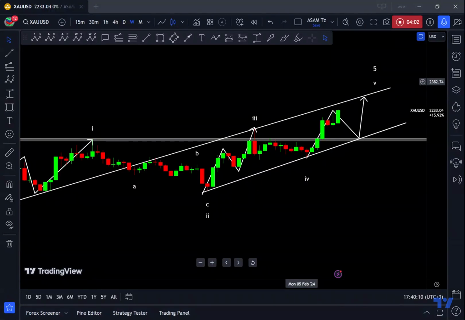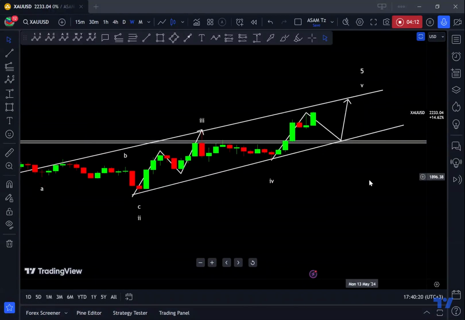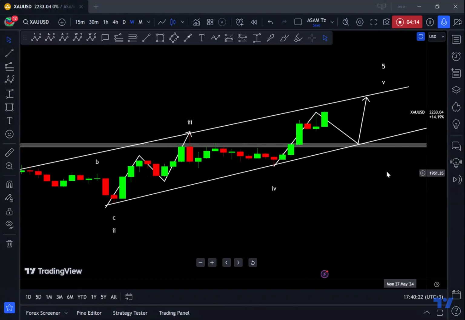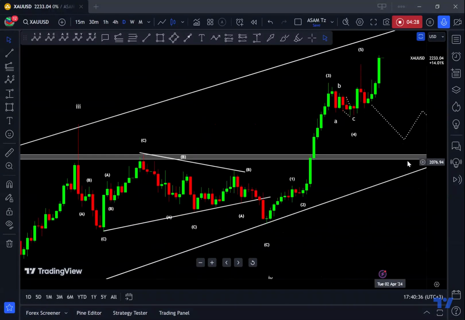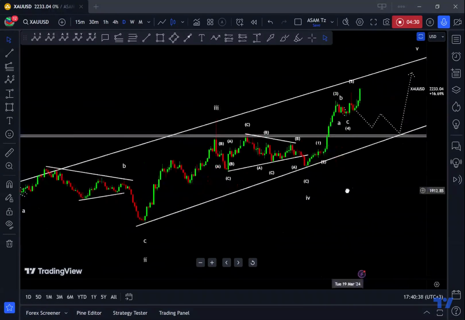We have this level down here that has not been touched since price broke the level. One of the most probable corrections is the one that will bring price to retest this level, so we're still looking for it. In no time frame can we see exactly what is going to happen, but mostly we are looking up on gold.